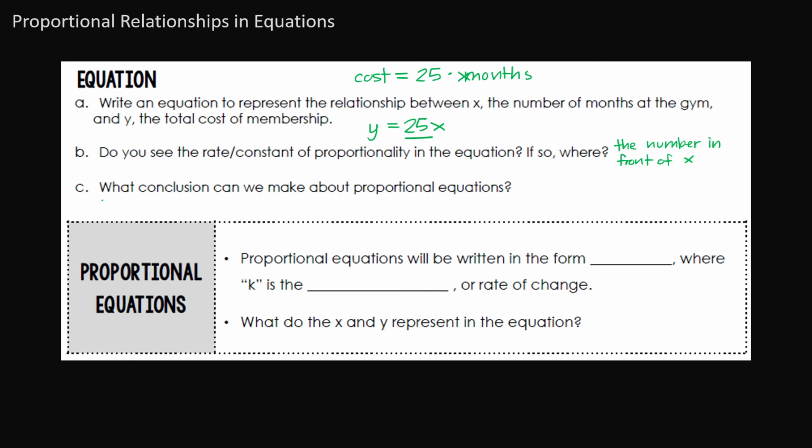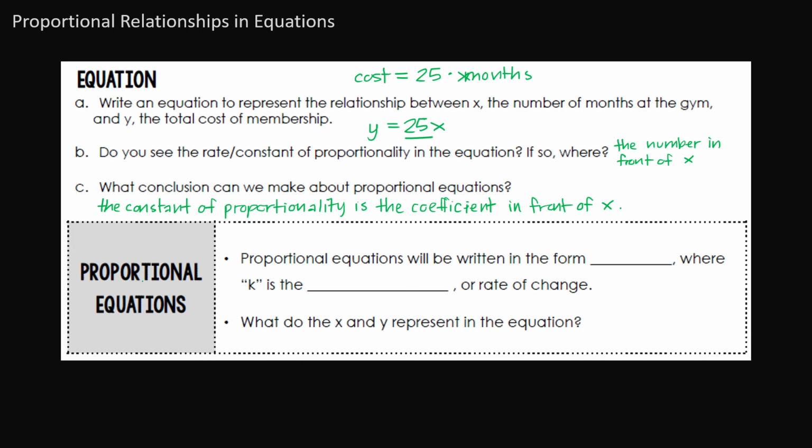Well, in an equation, the constant of proportionality is the coefficient, it's the coefficient in front of x. That is the case for all equations we write for proportional relationships. In y equals 25x, the constant of proportionality would be 25.